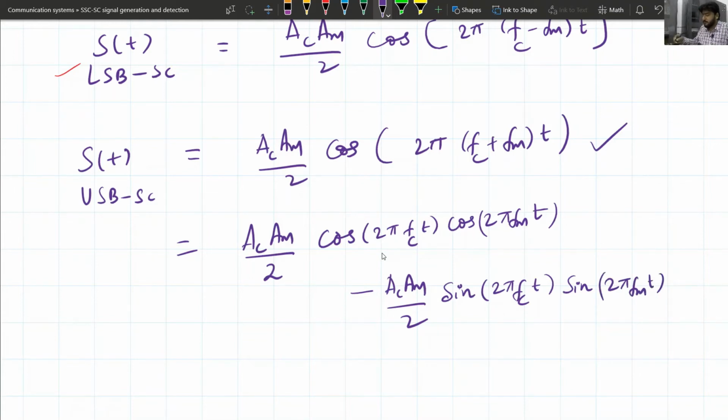So this is the equation for the upper sideband suppressed carrier.